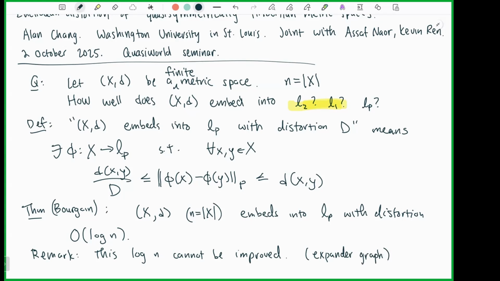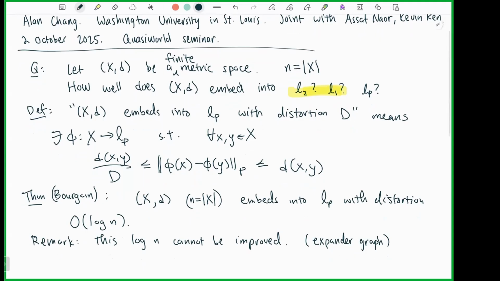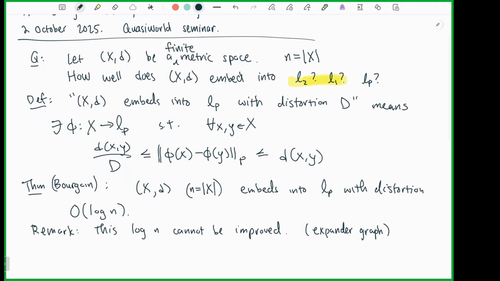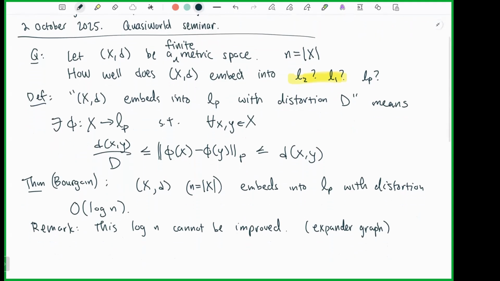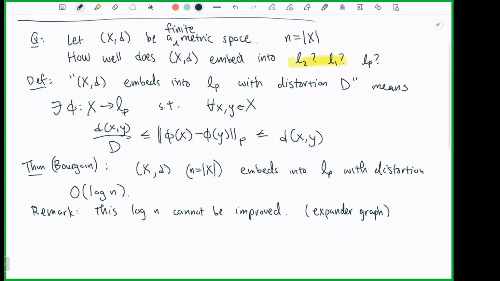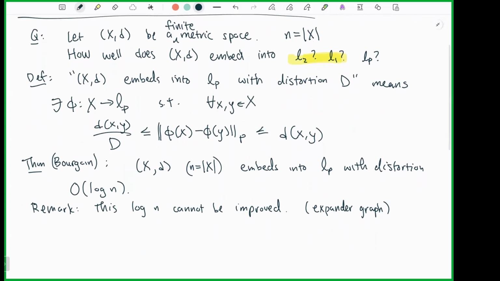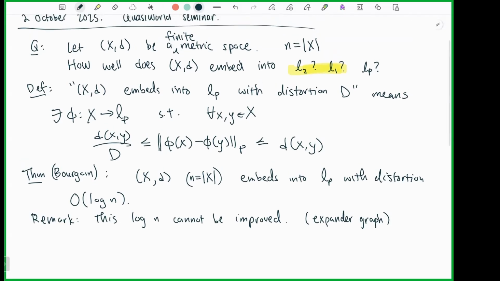If you try to embed those into Lp, you have to have distortion at least a constant times log n. In other words, Bourgain's result is sharp, and it seems like nothing more can be said, at least about general metric spaces. This is why we're interested in trying to improve this log n in the case of metric spaces with additional structure.